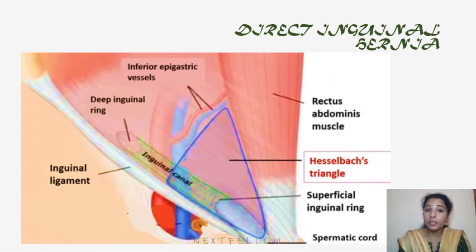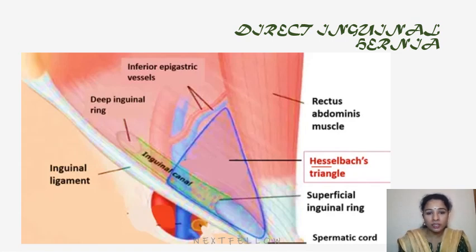Next, we shall move on to direct inguinal hernia, where the hernia occurs through a triangle called Hesselbach's triangle. Here it is shown. The blue colored border is Hesselbach's triangle, which is a schematic image for you all to understand. It is otherwise called the inguinal triangle as well, and it lies medial to the inferior epigastric artery.